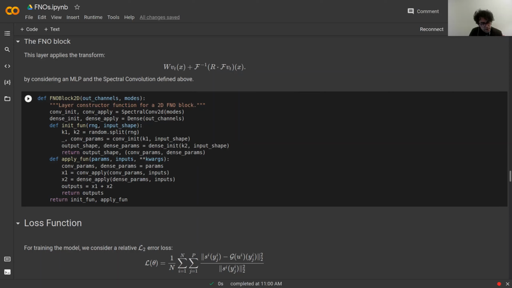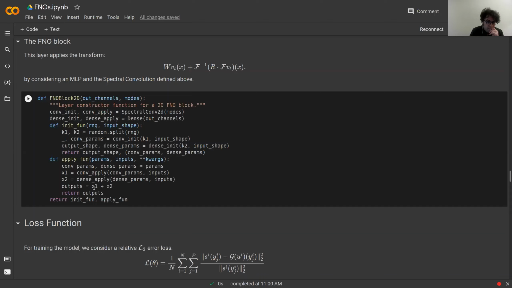Again, we need an initialization function and an apply function. The initialization function will provide us with the parameters of this WV transformation, and the parameters of this inverse Fourier. So the output shape now should be like what we discussed before. Now this output shape will be the input shape to the next layer that is stacked serially, right?